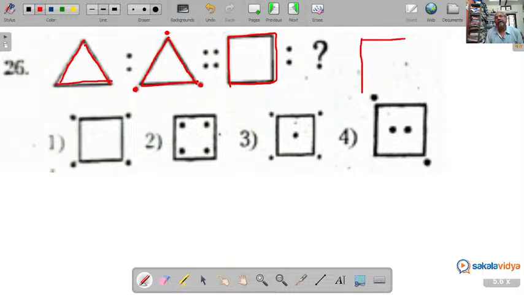According to this pattern, each vertex, 1, 2, 3, 4, the 4 points or dots are to be kept on the 4 vertices of this figure. So this is our required figure. This is related to this one. So obviously the first option is the right option. I hope it is very clear to you.